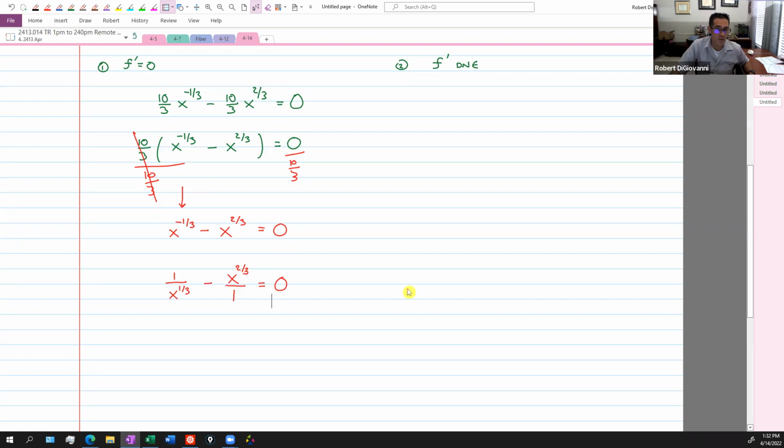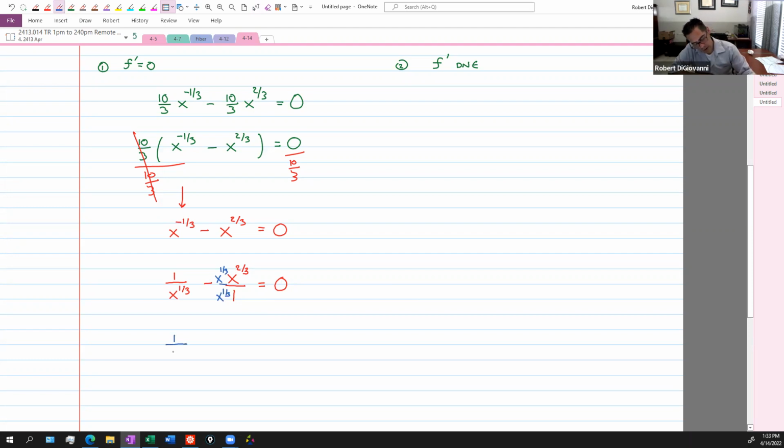What do you think I'm about to do now? Common denominator. I'm going to try and put these together. So I'm going to need to multiply this fraction over here by x to the 1/3 over x to the 1/3. That way they both have the same denominator, right?